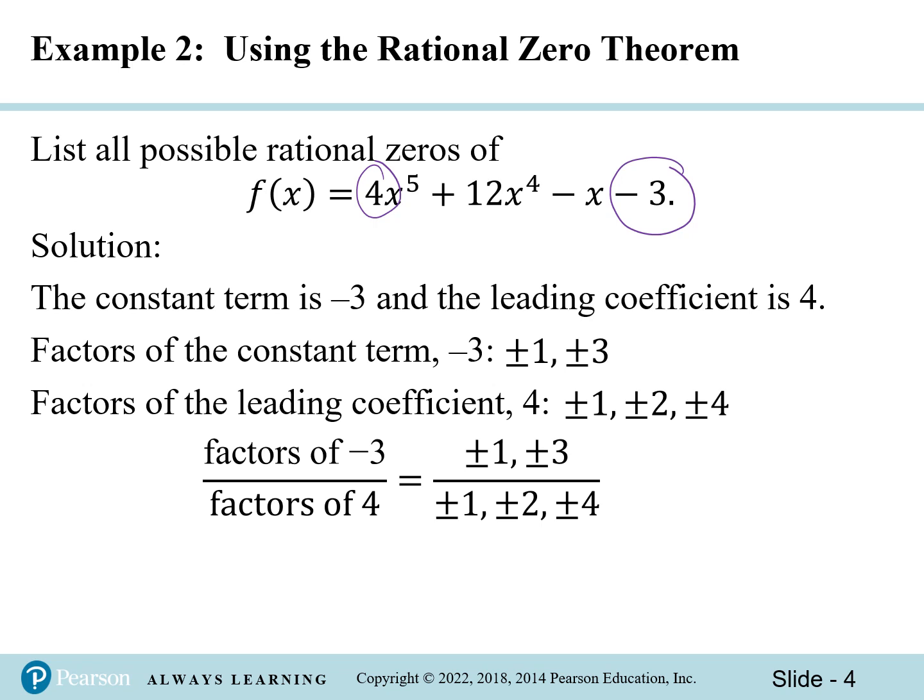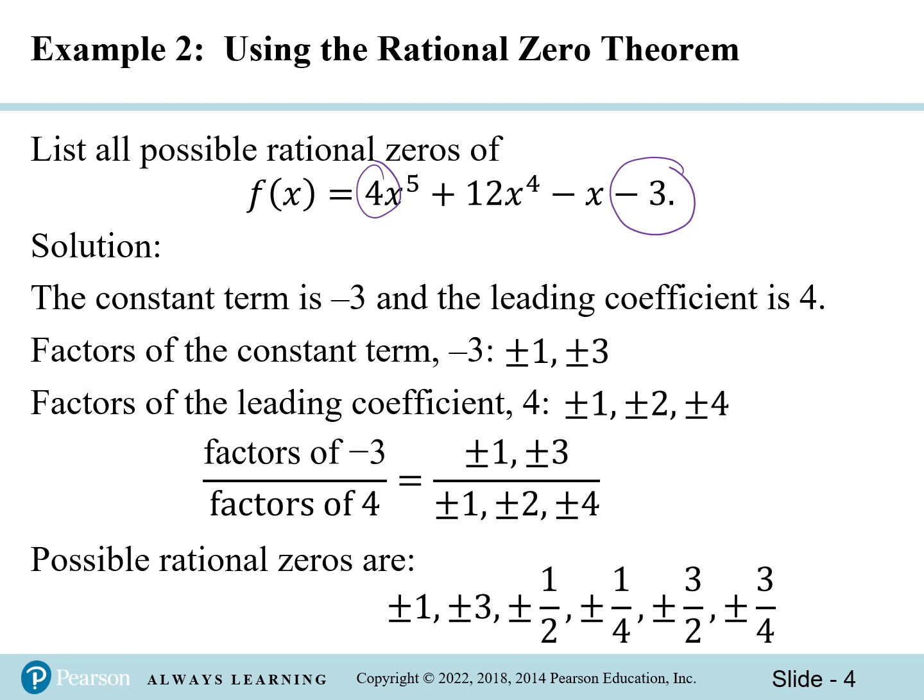When we reduce everything, our possible rational zeros are plus and minus 1 and plus and minus 3, because I can divide 1 by 1 and 3 by 1. And then I would have plus or minus 1/2 and plus and minus 1/4, plus and minus 3/2 and plus and minus 3/4. So hopefully you could see what I was tracing.